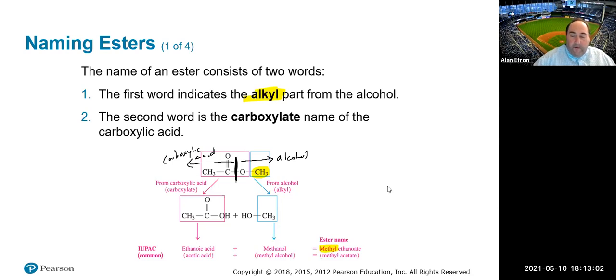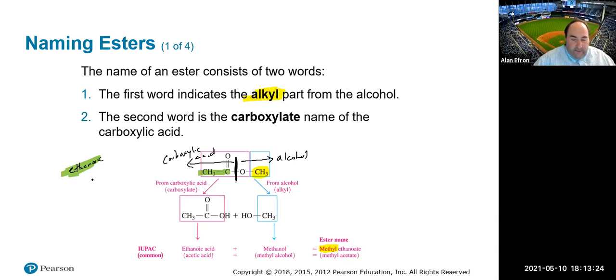The other part comes from the carboxylic acid, which is going from the double bond away from the single bond this way. If we look at this guy, there are two carbons there, and those two carbons are based off of ethanoic acid.